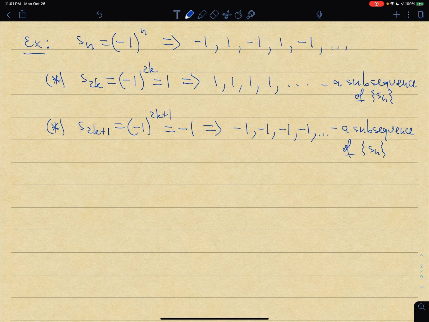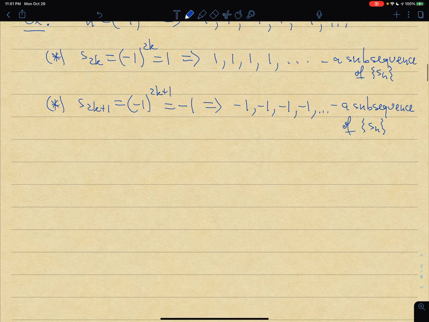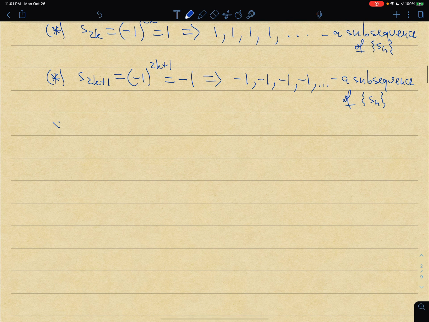Now, I specified all of these subsequences by giving this function n of k, which relates indices in a subsequence to the indices of the original sequence. Well, I can maybe do something like this also. Maybe S_4k. What is S_4k?